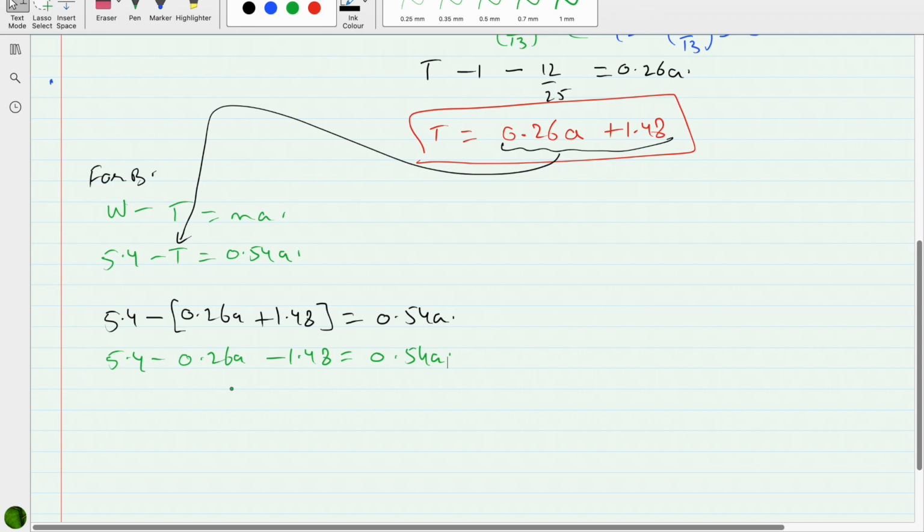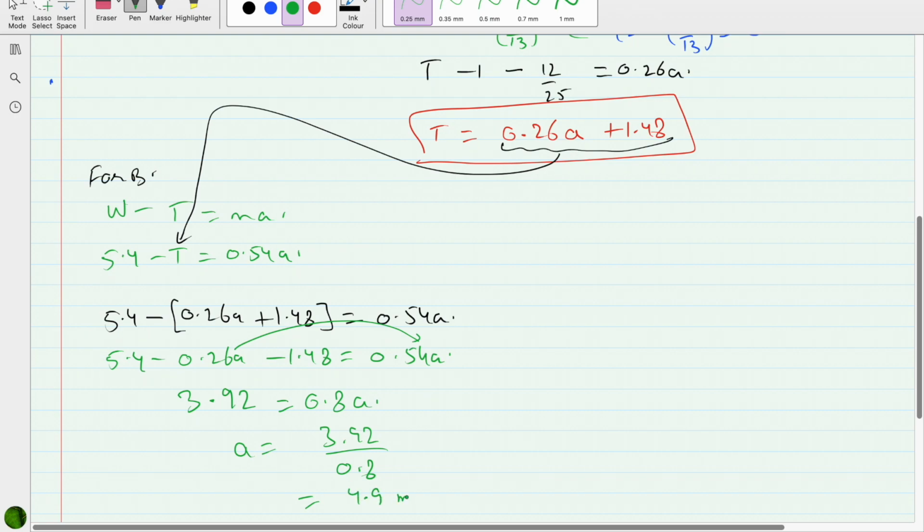So 5.4 minus 1.48, we're left with 3.92. This goes on the other side and gets added. 0.26 plus 0.54 is 0.8a. So acceleration is 3.92 divided by 0.8, and we get 4.9 meters per second squared.